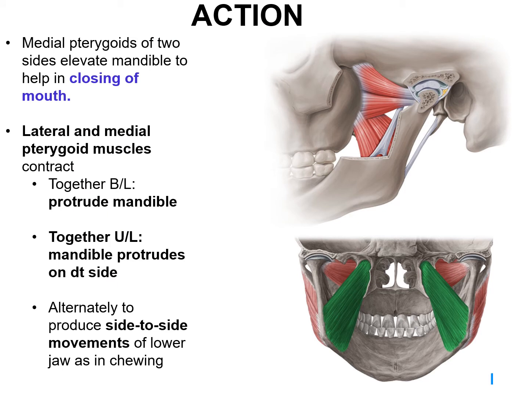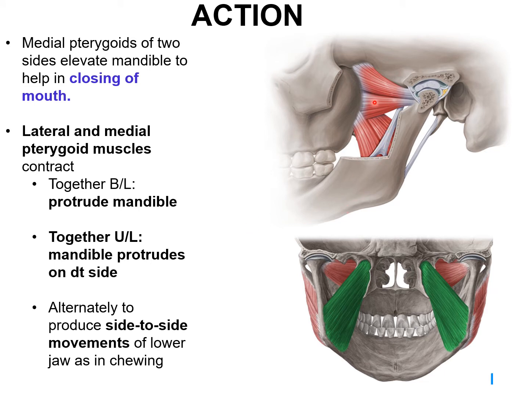Talking about the action of medial pterygoid, the medial pterygoid of both the sides elevates the mandible, helping in closure of mouth. The lateral pterygoid as well as medial pterygoid, if they contract together and bilaterally, cause protrusion of mandible.